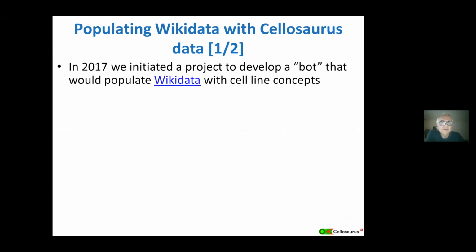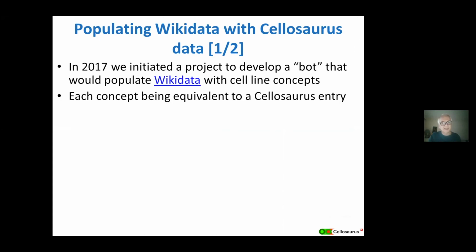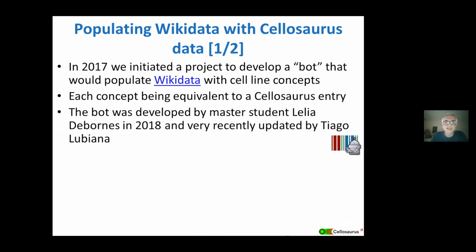Now, one thing which I want to discuss in 2-3 minutes, which is tangential to searching in Cellosaurus: in 2017, we initiated a project to develop a bot, a software tool that would populate Wikidata with cell line concepts, each concept being equivalent to a Cellosaurus entry. A student, Lelia Debond, developed this tool in 2018, and recently Tiago from Brazil has updated it.